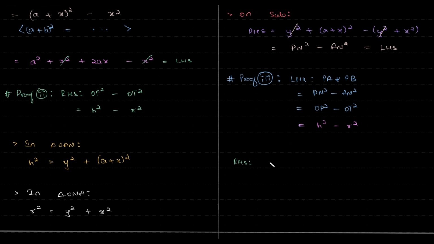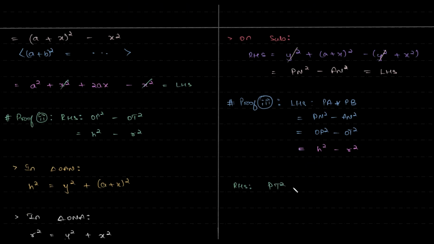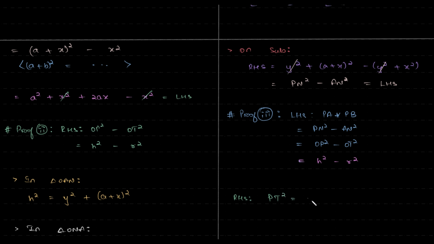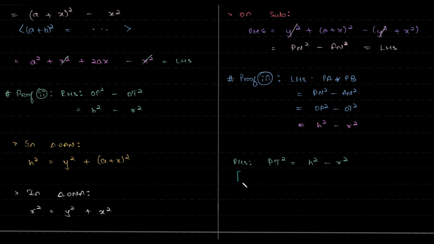So what is it? PT square is equal to hypotenuse square minus radius square. This is because of the following things. The reasoning is a bit lengthy. Let's write it.